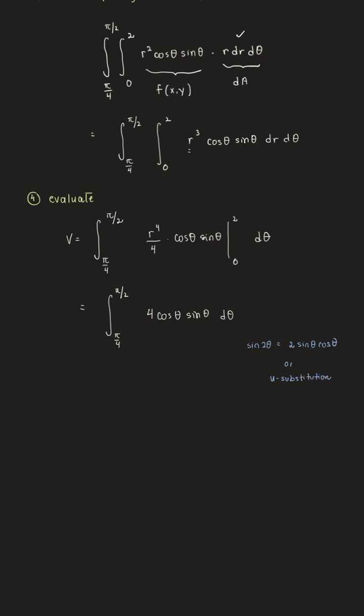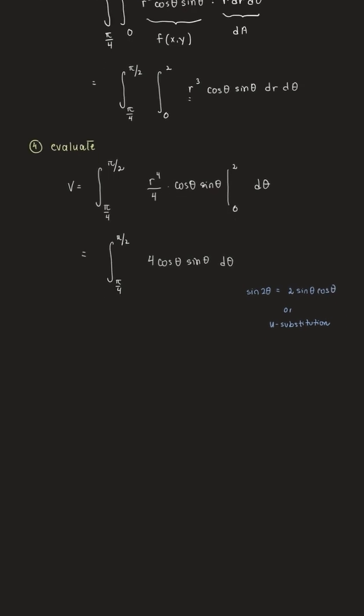I probably would let u be sine. But I'm going to go ahead and use the identity, because I can replace 4 cosine theta sine theta d theta with 2 sine 2 theta, since 4 cosine theta sine theta is double what we have here of our identity. So to me that seems easier to integrate, but of course a u sub will be fine, but I don't need a u substitution if I do it this way.